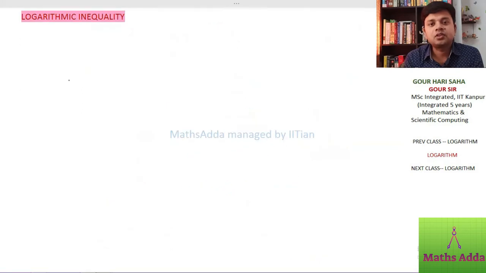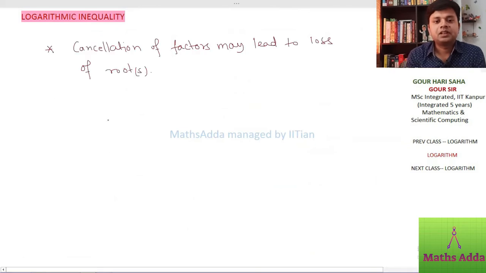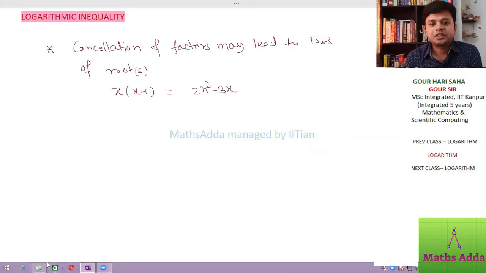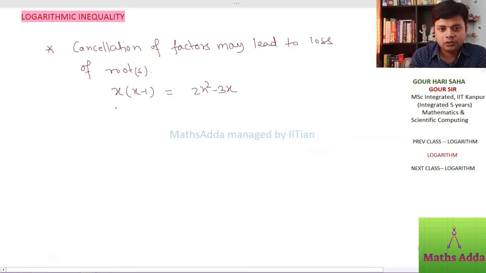Next point, cancellation of terms may lead to loss of roots also. Let's take an example. x into x minus 1 equal to 2x square minus 3x. So two methods, let me solve it.